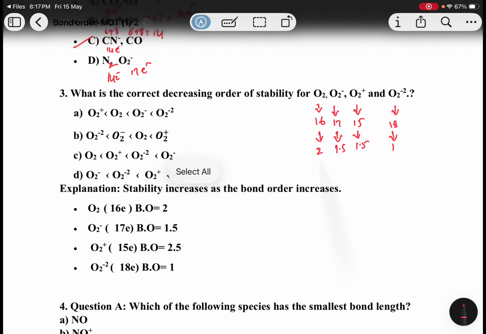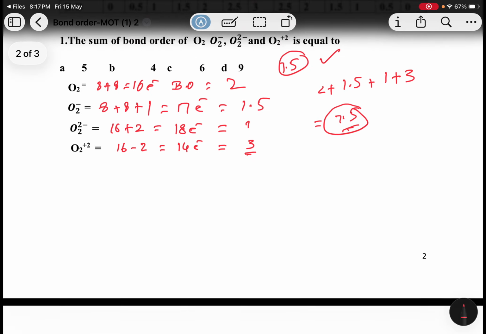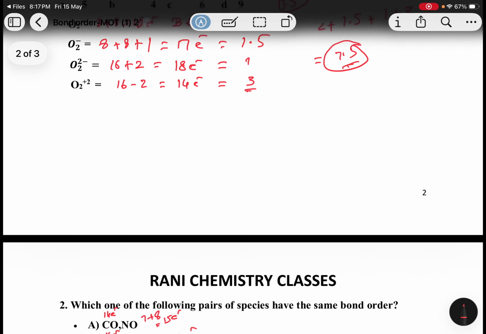Okay. So the stability is more for the ion or molecule having more bond order. 15 electrons means 2.5 bond order.